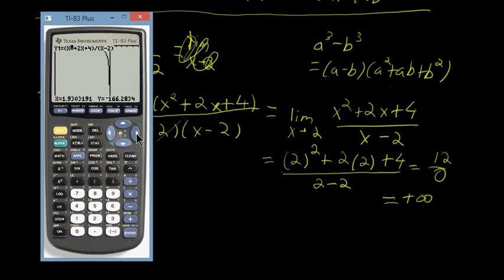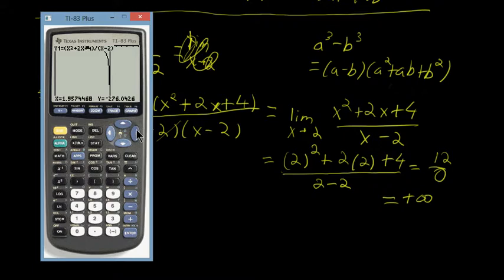Okay, so finally I've pulled up a graph of the function to the left of x equals 2, that's this function, x squared plus 2x plus 4 divided by x minus 2. Remember, with this calculation it seemed like the limit is positive infinity, but when we approach from the left, at x equals 1.94, y is already negative 231.